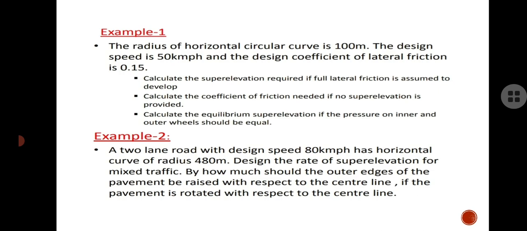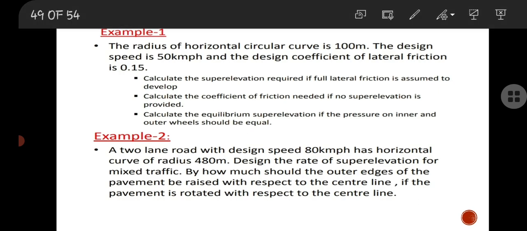Here are a few examples. Let us solve one example. The radius of curve in a two-lane road, design speed of 80 kmph, horizontal radius R is 480 meter, design rate of super elevation.